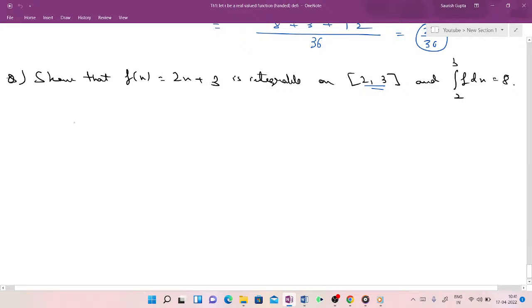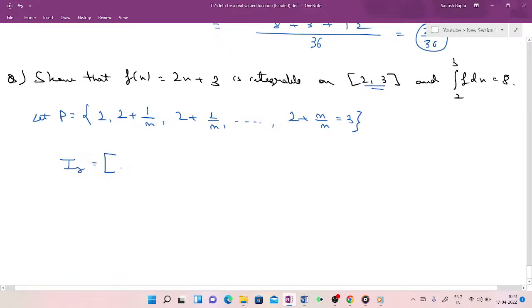Okay, so what we can do is form the partition. Let P equal 2, 2 plus (b minus a) by n, that is 2 plus 1 by n, then 2 plus 2 by n, and so on till 2 plus n upon n, which is equal to 3. So we have formed the partition successfully, and from here what can we write as the rth subinterval?